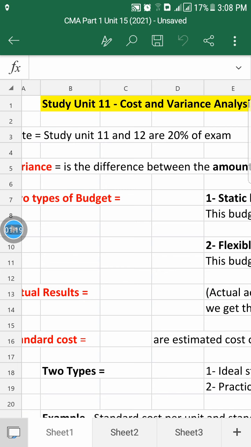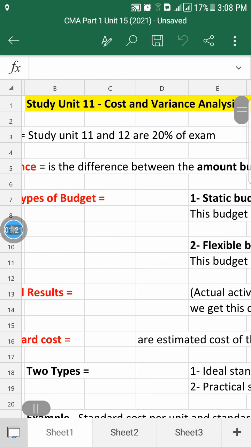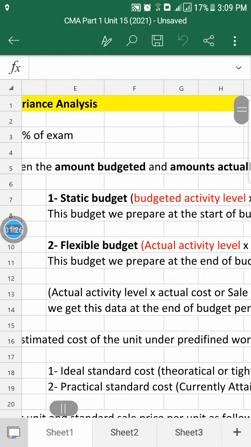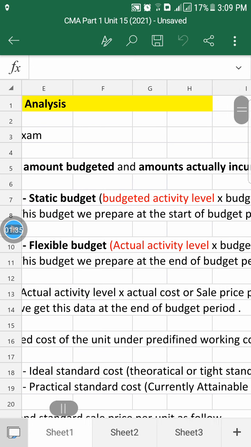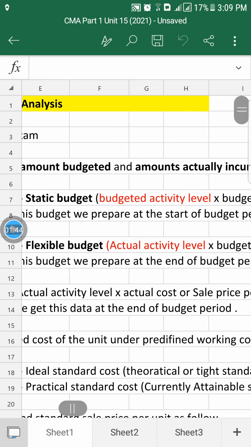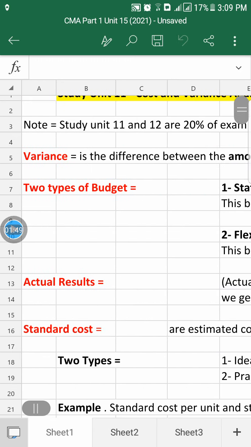To achieve those targets, first of all they do the budgeting, they estimate things, and then they apply the amount which is actually incurred. At the end of the period they get the actual result, how much they have paid for that job. That is called the variance. So the difference between the budgeted amount and the actual amount is called the variance.